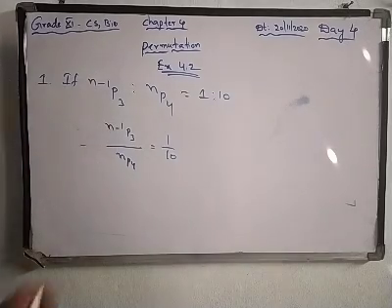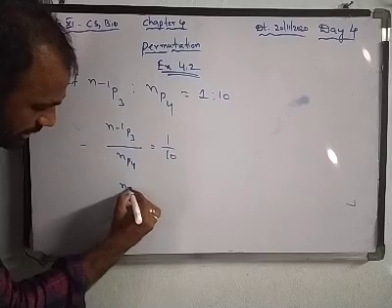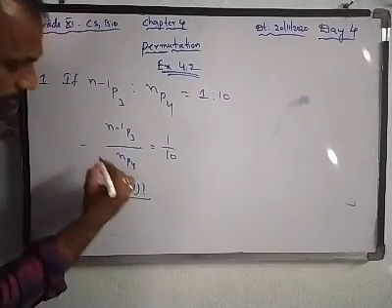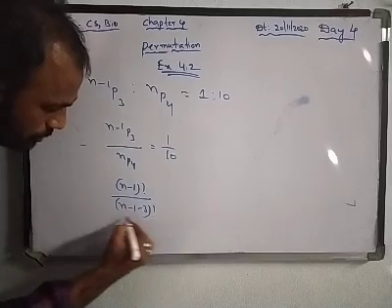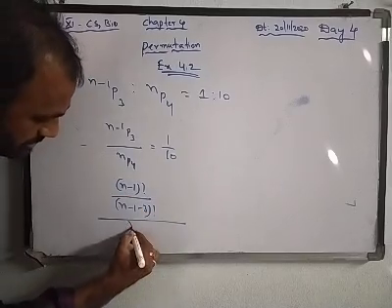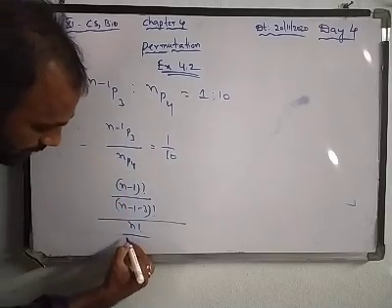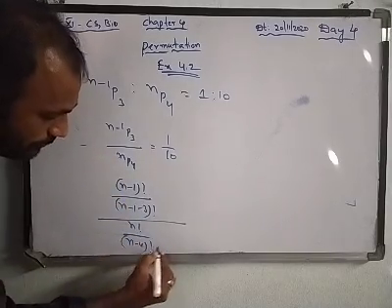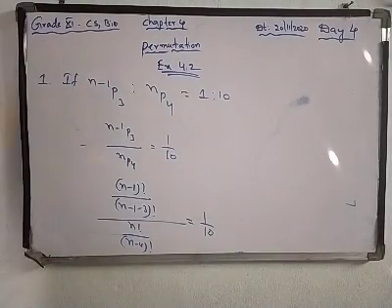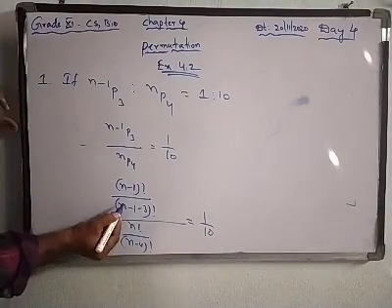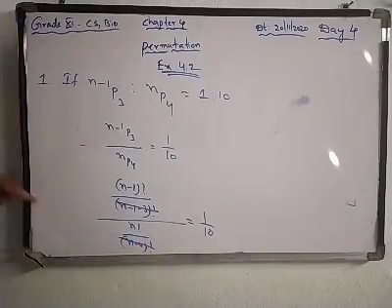We know the formula for nPr: n factorial by n minus r factorial. So that is (n minus 1) factorial by (n minus 1 minus 3) factorial, divided by n factorial by (n minus 4) factorial, is equal to 1/10. The (n minus 4) factorials get cancelled.